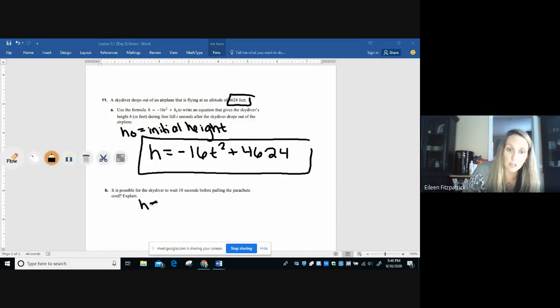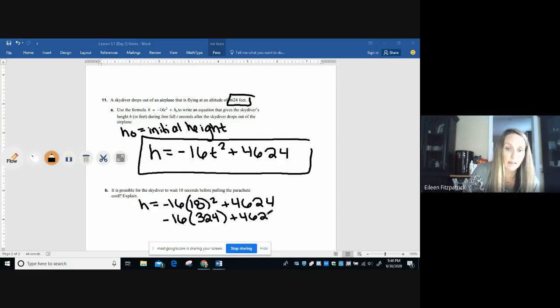So I'm going to have h equals negative 16 times 18 squared plus 4,624. Okay, so take out your calculators if you need to. You're going to square the 18, follow PEMDAS, square the 18 to get 324. Then you're going to do your multiplication next.